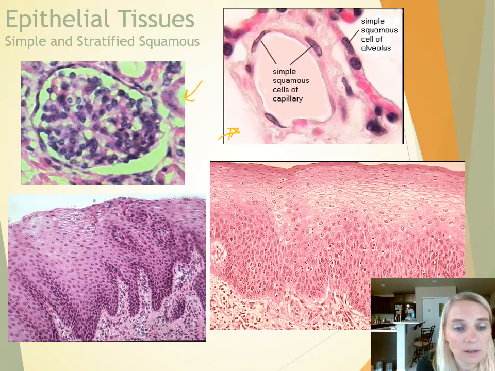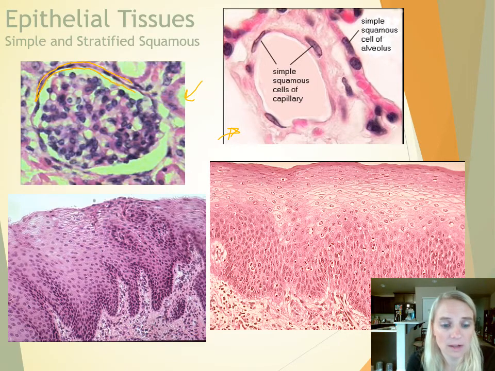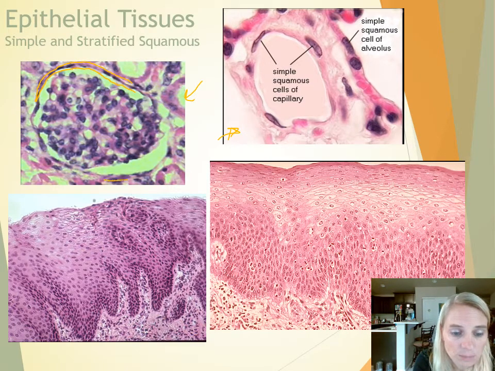So here is the basement membrane all the way around, and here is the free edge. So that tiny little layer of cells from the basement membrane here to the free edge here.